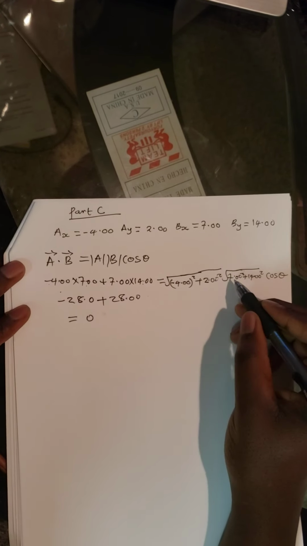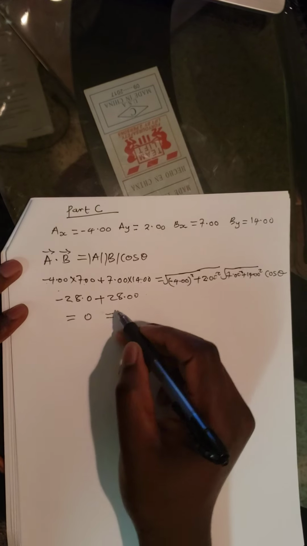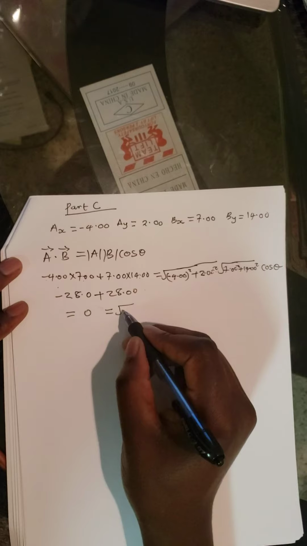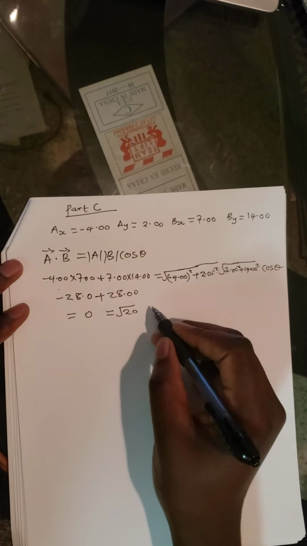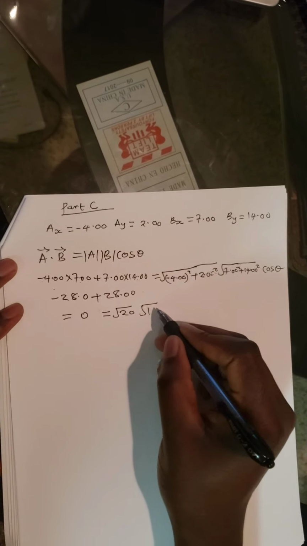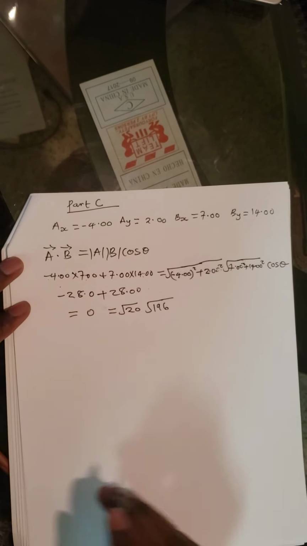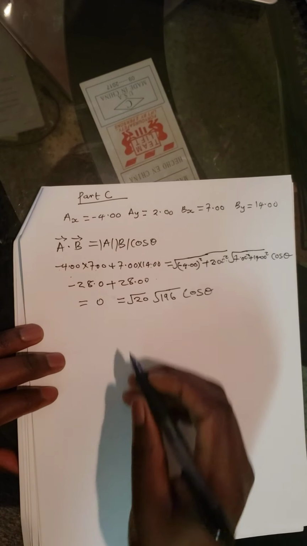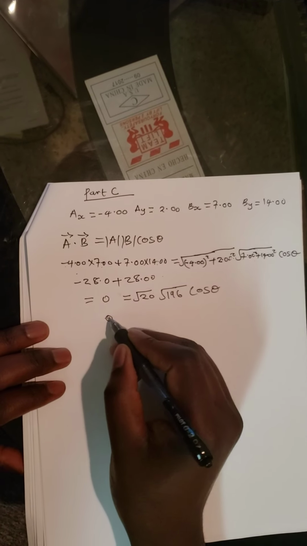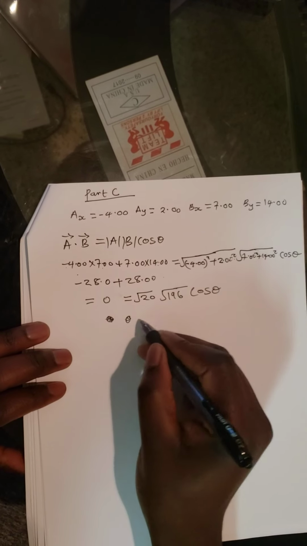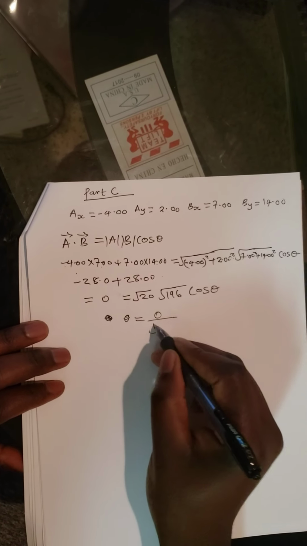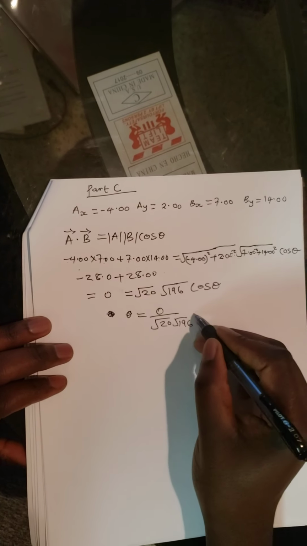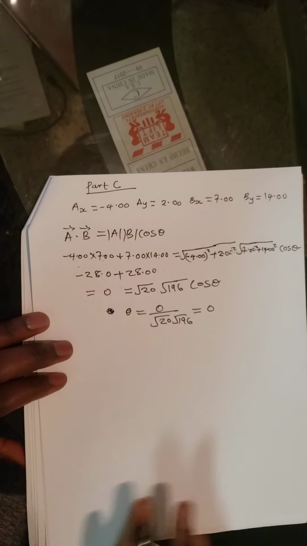This side is equal to root 20 times root 196, cosine theta. Now cosine theta is going to be 0 divided by root 20 times root 196, which is 0 anyway.